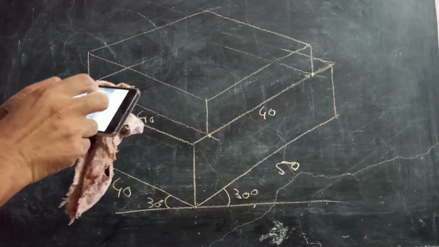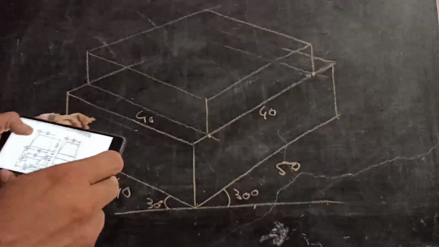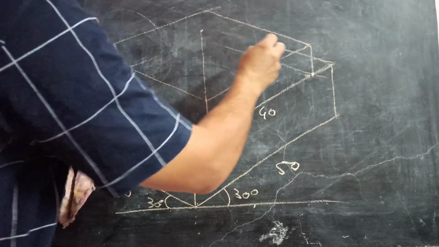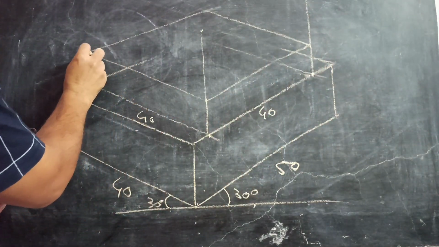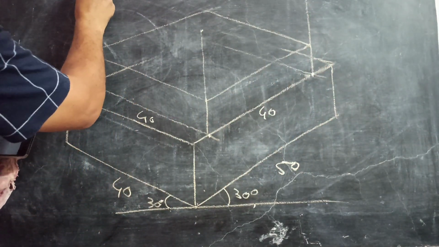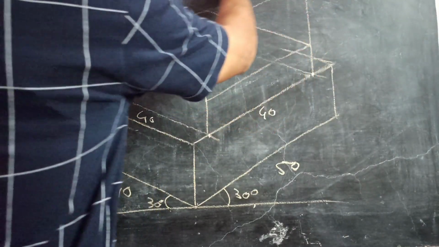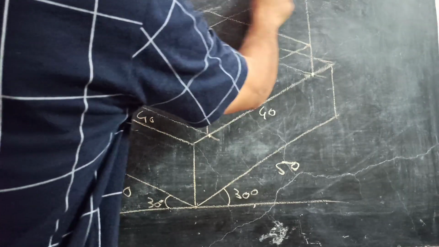Now the top of this is 30 by 30 here, and the height is 20. So all these corners, 40 by 40, are to be extended by 20 mm.